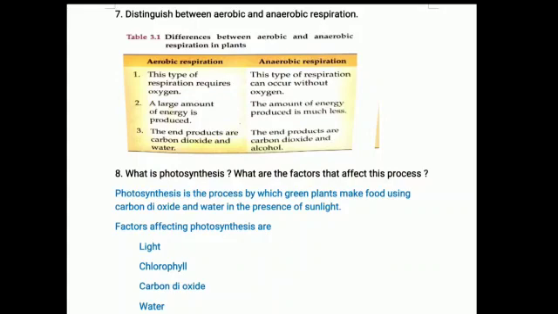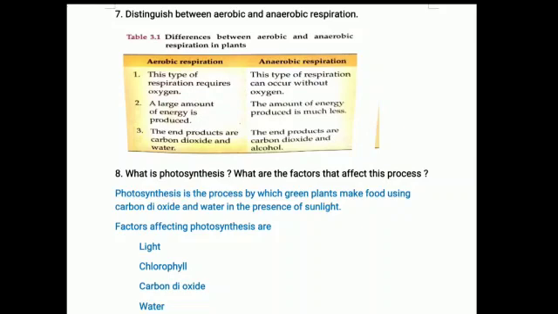Lastly, we'll quickly revise the differences between aerobic and anaerobic respiration. Aerobic respiration requires oxygen, whereas anaerobic respiration can occur even without the presence of oxygen.